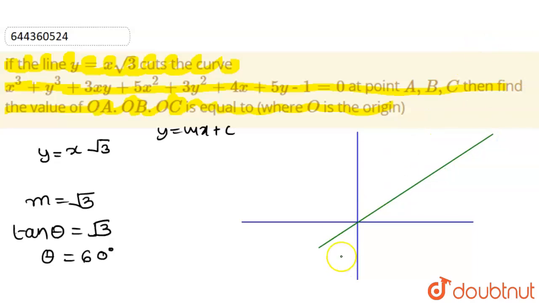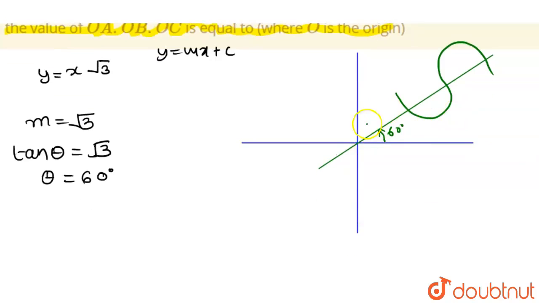Now we know that the line is cutting the curve at 3 points, so those 3 points will also lie on the same line. So we can say that the curve may be like this. We have just assumed that the curve might be like this. So here let's assume that this is your point A, this is B, and this is C.